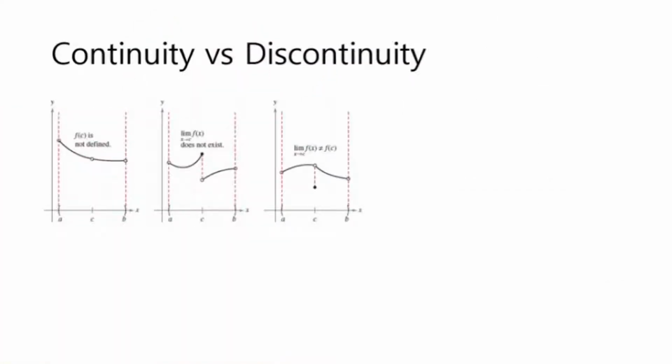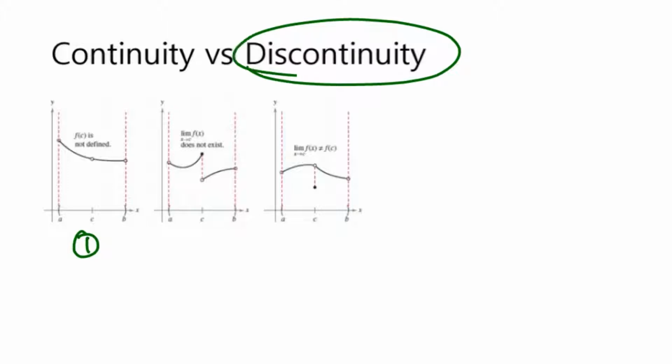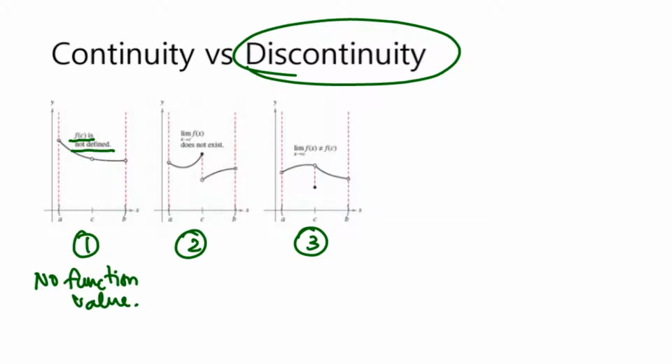Okay, continuity and discontinuity. There are three different cases for discontinuity. Let's talk about that first. Number one, when f of c is not defined, so there's no function value. Number two, it does have the function value, but it does not have the limit value.